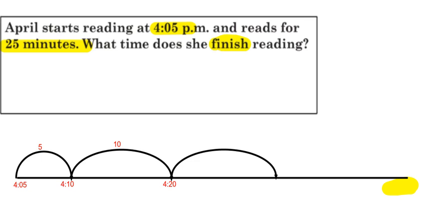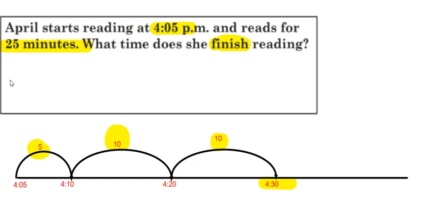Now when we look here, how long was that? 10 plus 10, 20, and 5, 25. So we already have counted 25 minutes. So what will be the ending time there? Good job, 4:30. So we can say that April finishes reading at 4:30. And I can go ahead and erase this because I didn't need such a long number line.